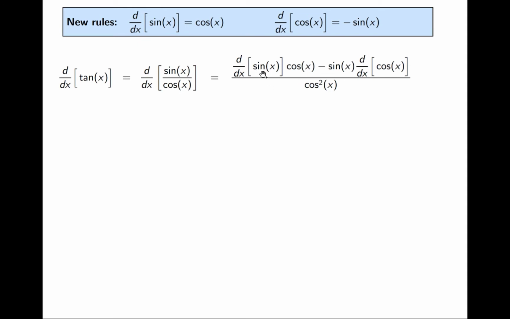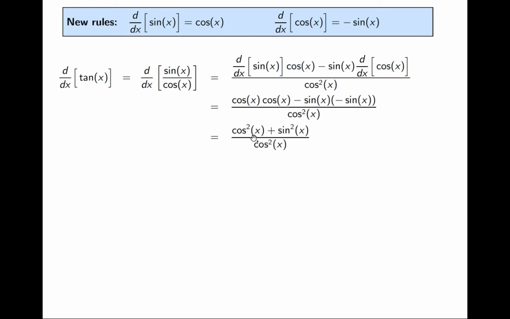Now the derivative of sine of x that happens right here, we know that's cosine of x, and then this derivative of cosine x that's right here, we now know that's negative sine of x. So let's take those derivatives. We get a fraction cosine x times cosine x minus sine of x times minus sine of x all over cosine squared x.